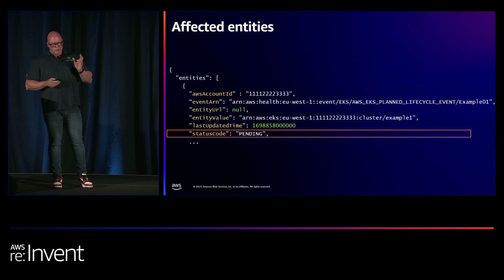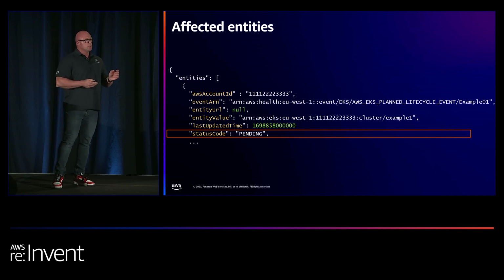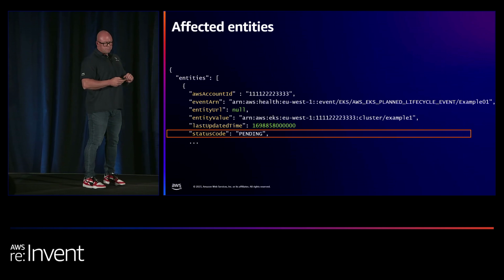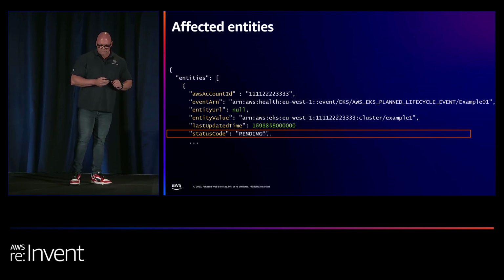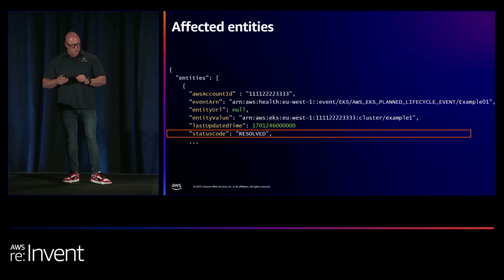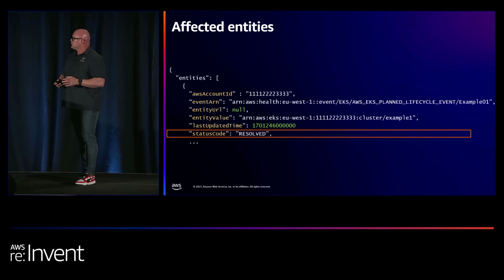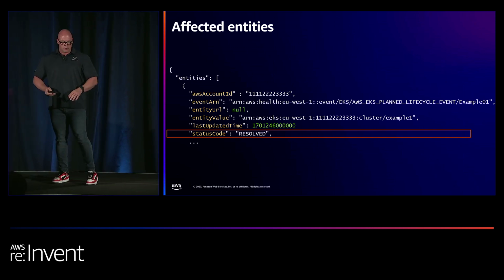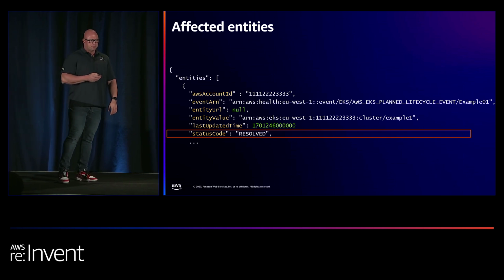And as I mentioned, any resources that still require action will have a pending status code. And once you take action, that status code will change to resolved, and the last updated time will be updated accordingly.